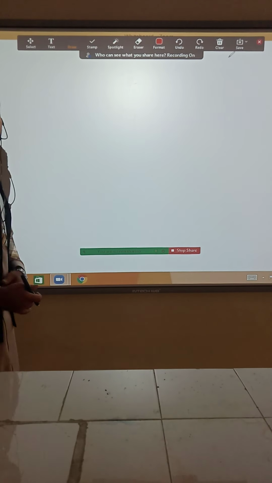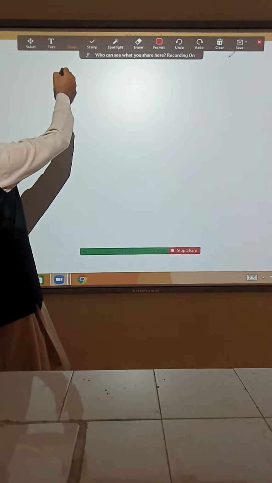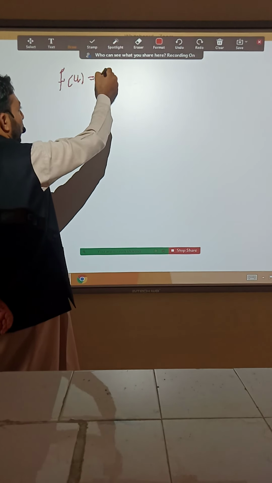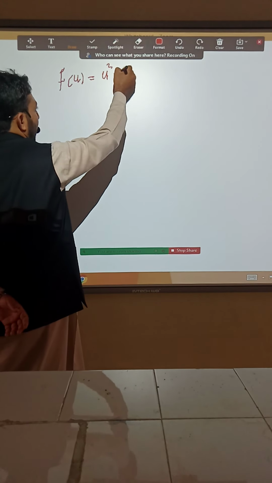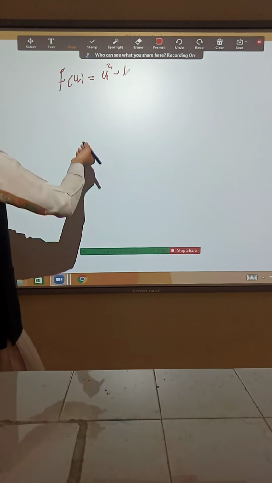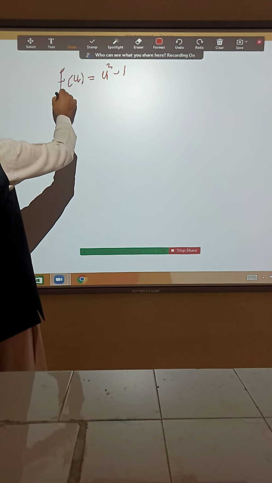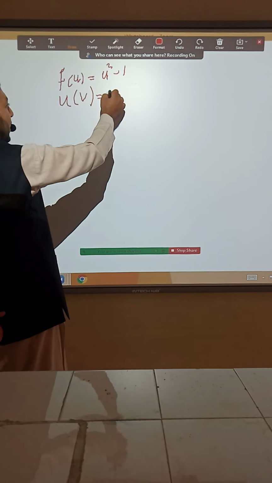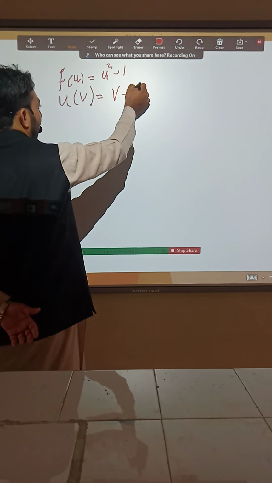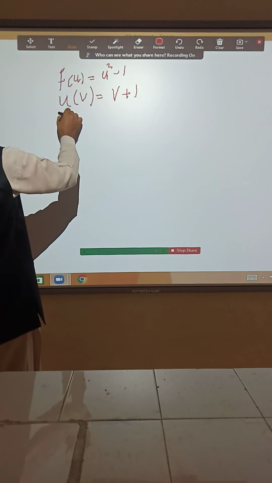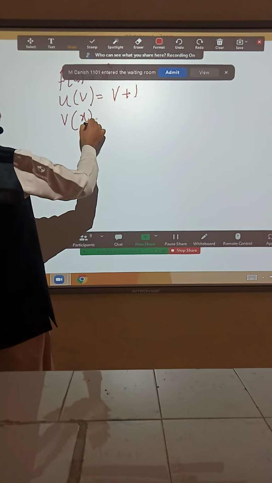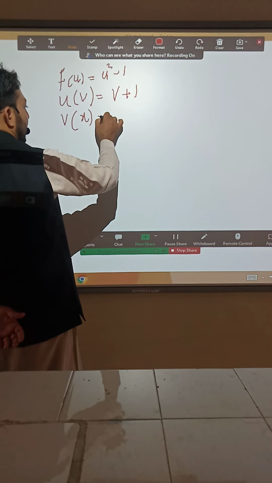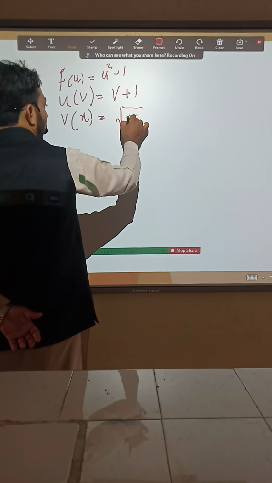For example, we have another function, let's say f of u equal to u square minus 1, and we have another function u is dependent on v and it is defined in the form, let's say, v plus 1, and v is dependent on x, and let's say its definition is square root x.